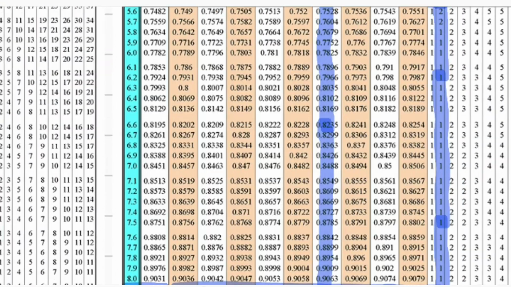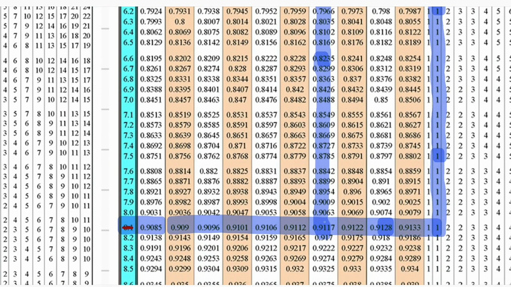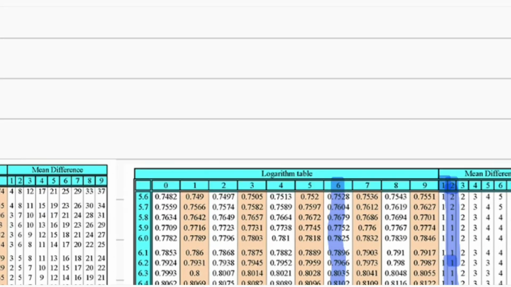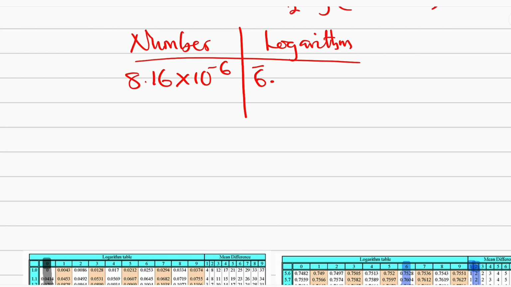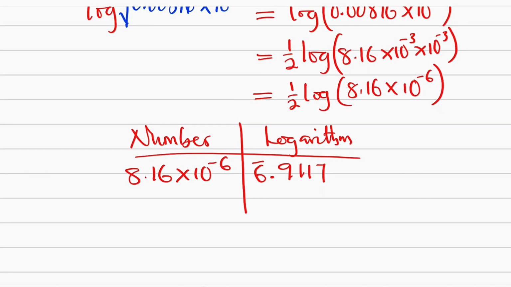Under 6 is what we have looked for earlier, which is 0.9117. So we are going to write 9117 here. Okay, but remember that we are going to multiply the log. The log is this one.